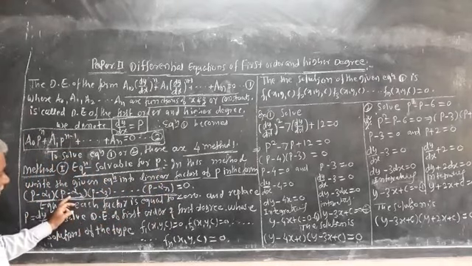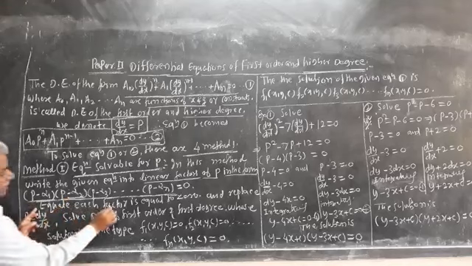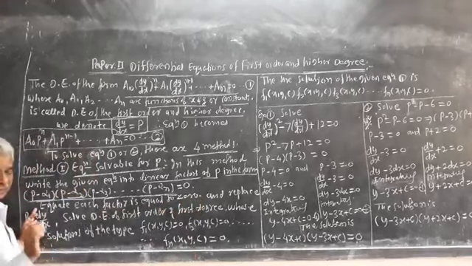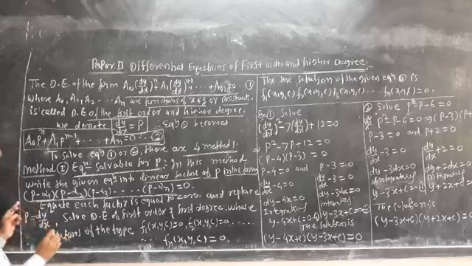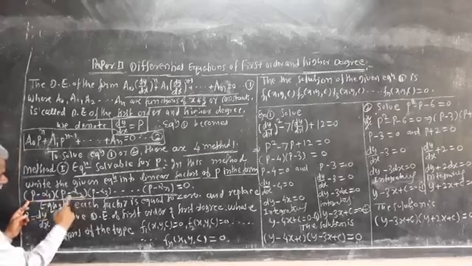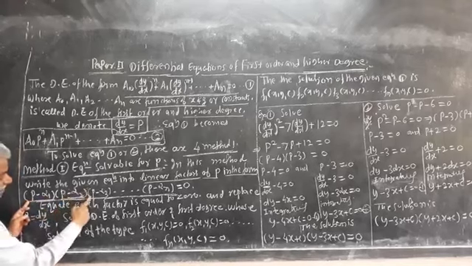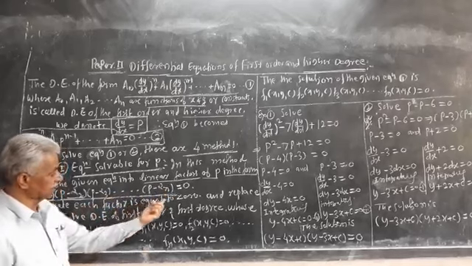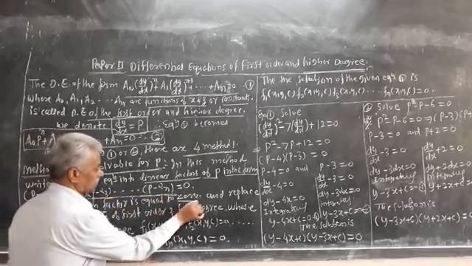After writing the given equation as linear factors in p, the second step is to equate each factor to 0. That is, p minus alpha 1 is equal to 0, p minus alpha 2 is equal to 0, and likewise consider each factor equal to 0.